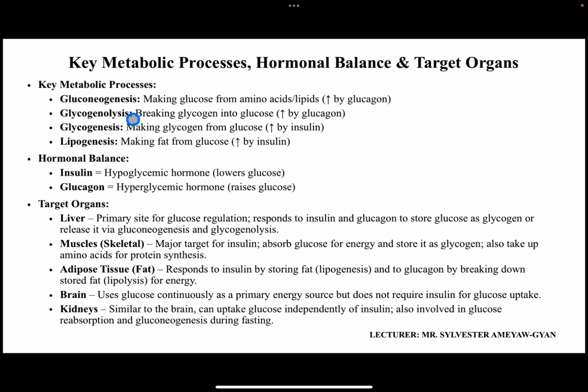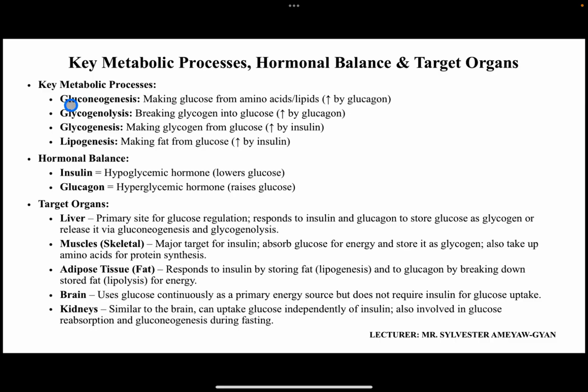And then we have glycogenolysis. Glycogenolysis is when you convert stored glycogen back into glucose. Glucose can be stored in the liver as glycogen, so that when the body is in need of it, glucagon will act on the liver and convert it back into glucose.